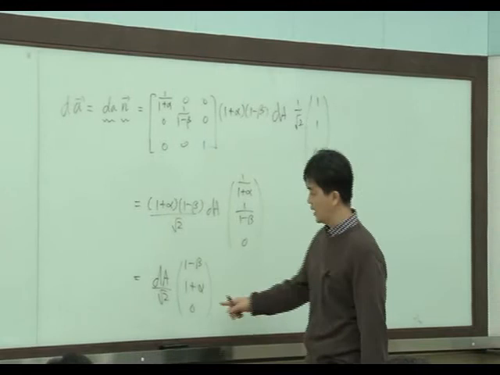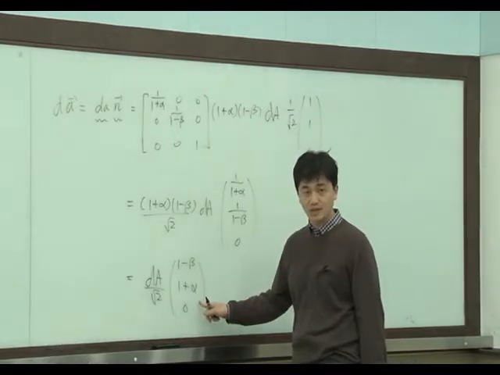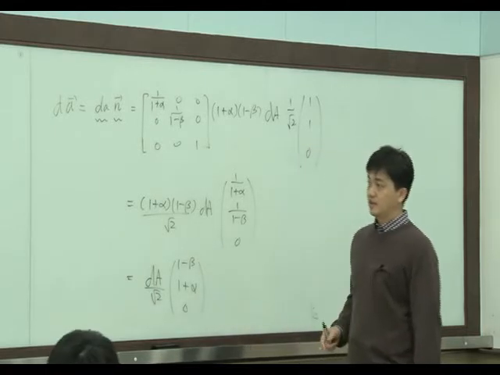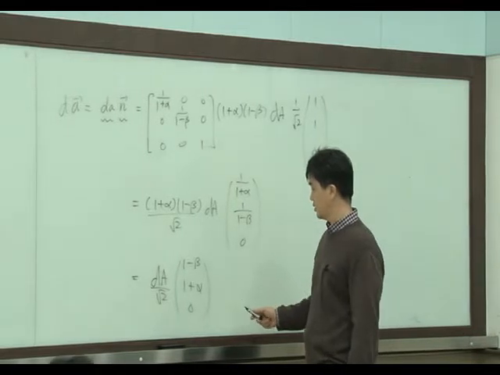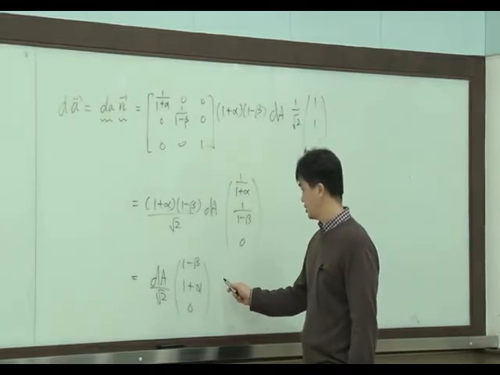Then we need to normalize this vector to calculate the vector n. Okay, then how can we normalize?